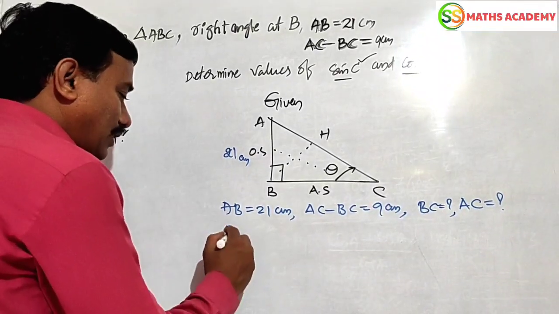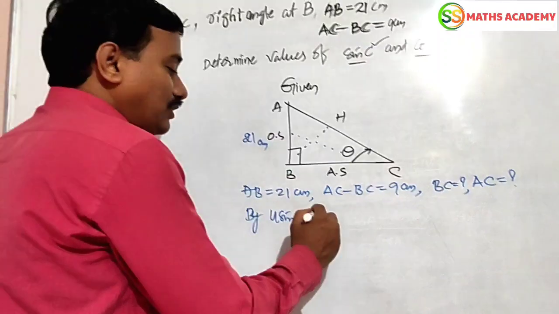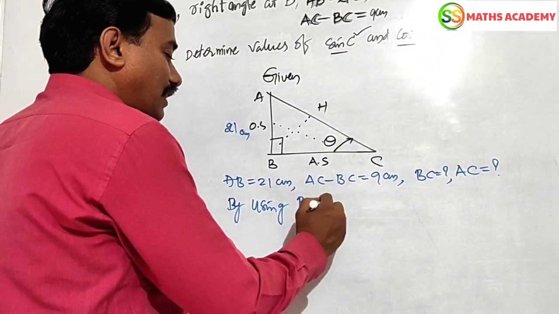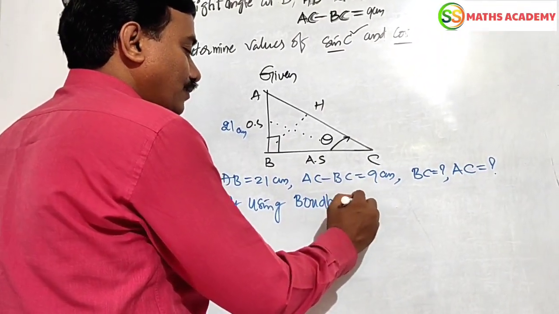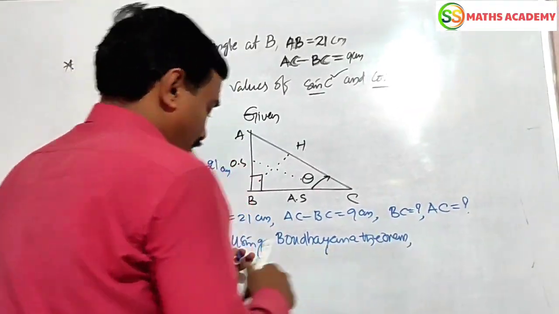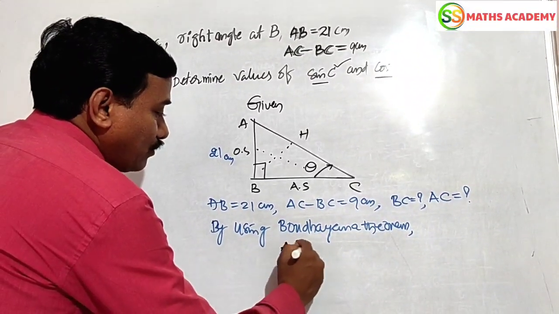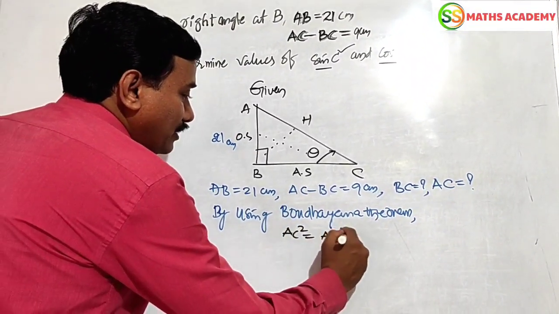As you know, by using the Baudhayana theorem or Pythagoras theorem, the square of the hypotenuse, AC square, equals AB square plus BC square.